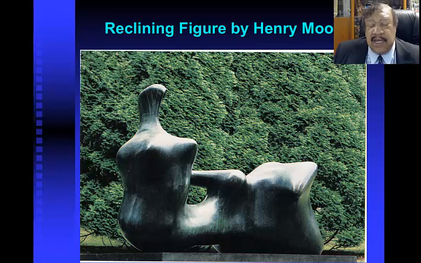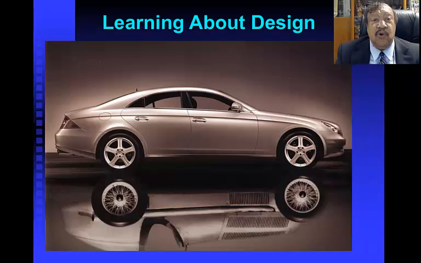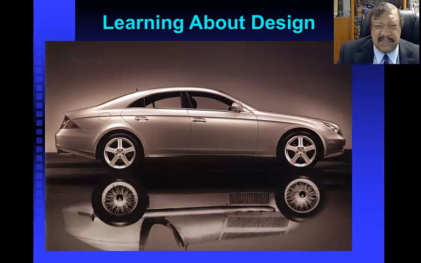You can tell it's abstraction. You can see the head, you can see the shoulders, you can see the knees, and yet it is a beautiful abstract form. This Mercedes, you may not think it's a moving machine, but really it's a beautiful piece of sculpture.